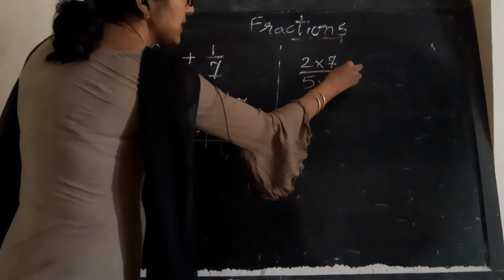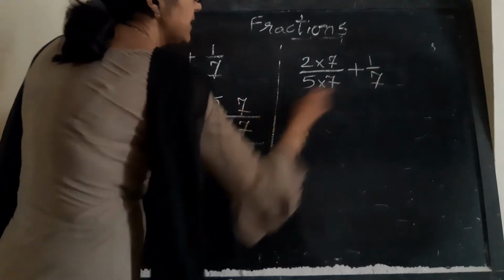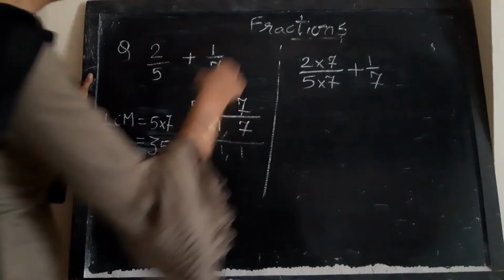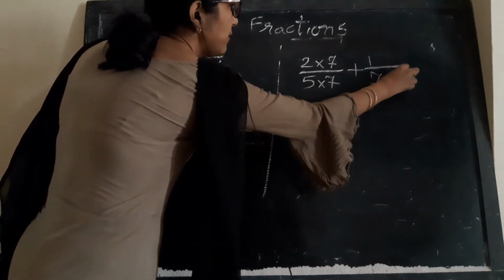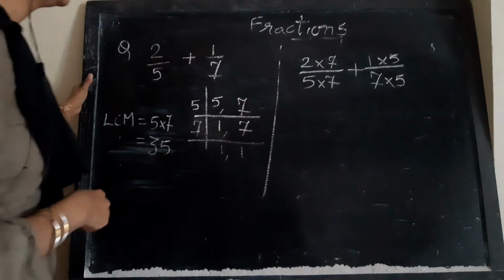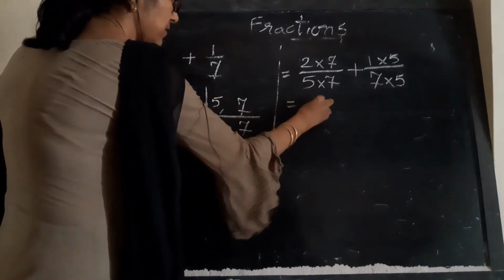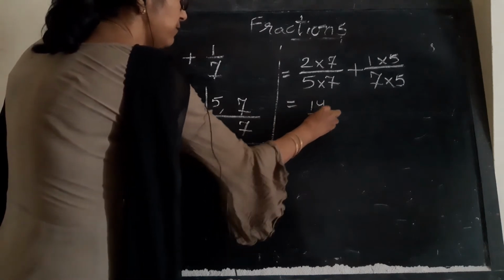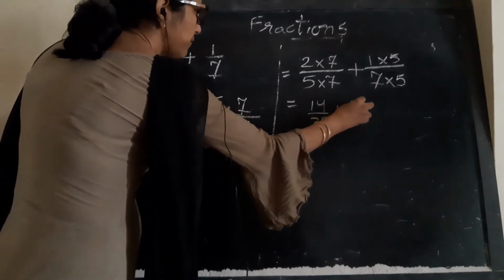Copy down this plus. Copy down the next fraction 1 by 7. And to convert this 7 into 35, we have to multiply it by 5. Now we'll get 14 upon 35 plus 5 upon 35.